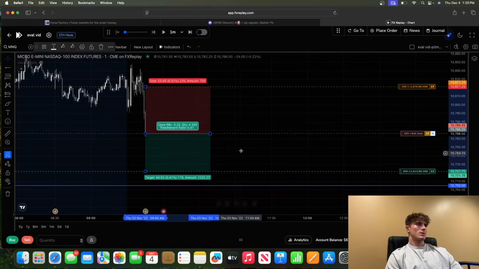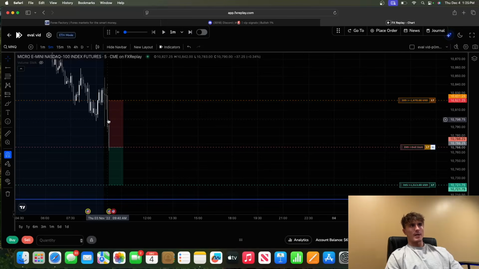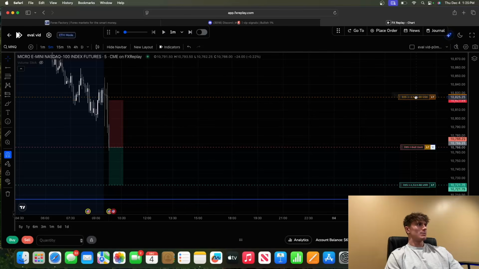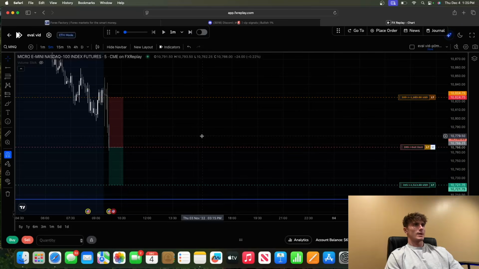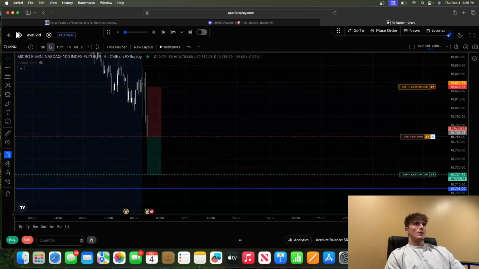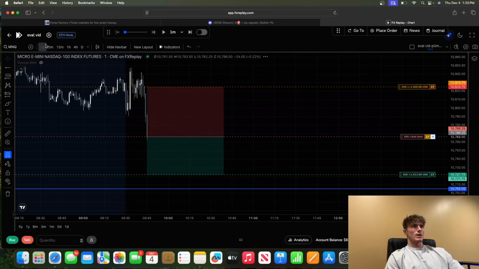Perfect. Make sure I can't get retraced on. So yeah, even if we want to come up into this 5 minute gap, I'm still protected. That's my idea behind this. And actually I have room to move this up a little bit more too. Yeah, that's good. Something like that's better. Even if we want to come to the 15 minute, that's fine too.